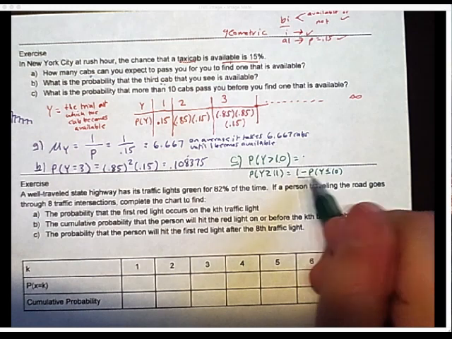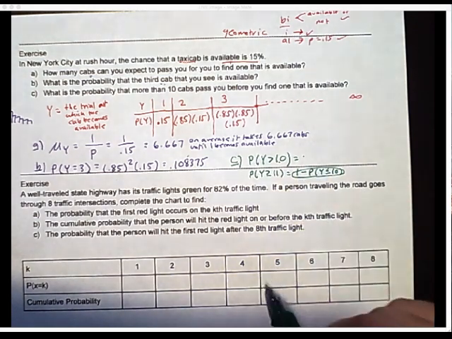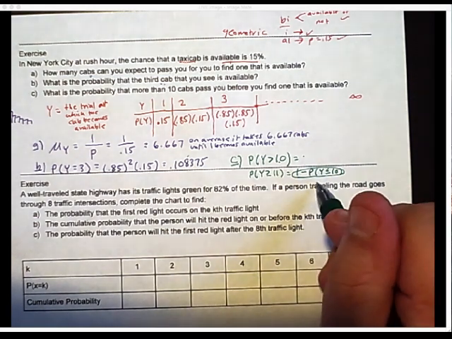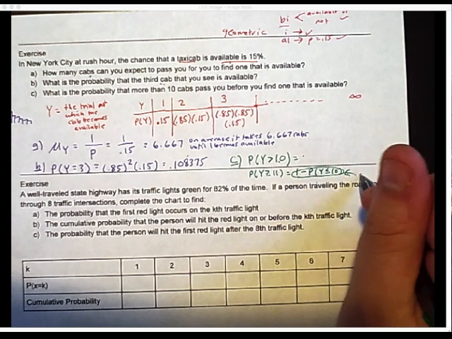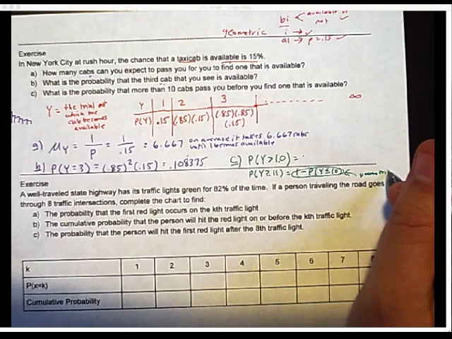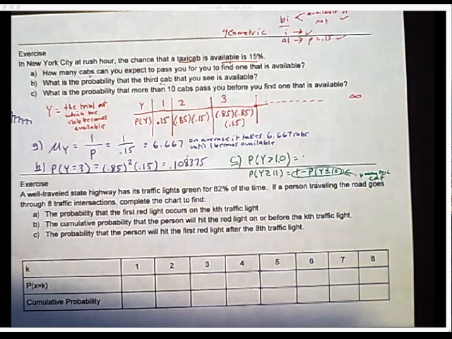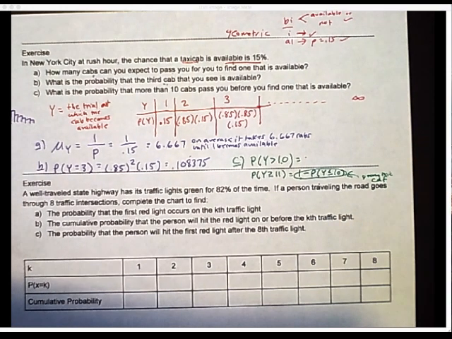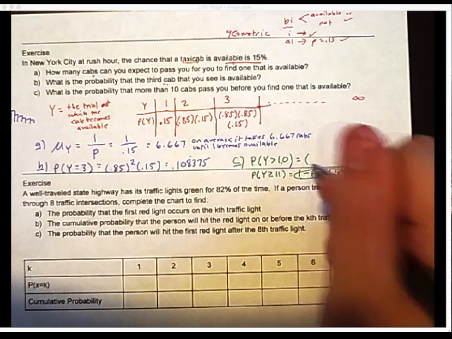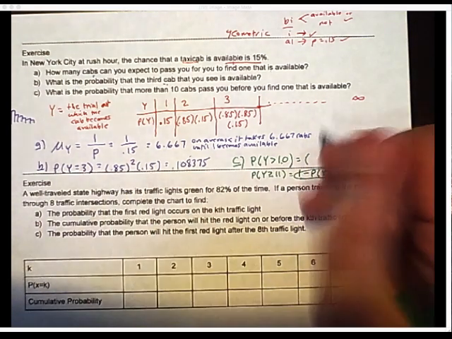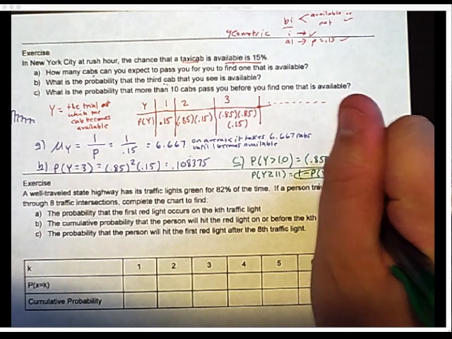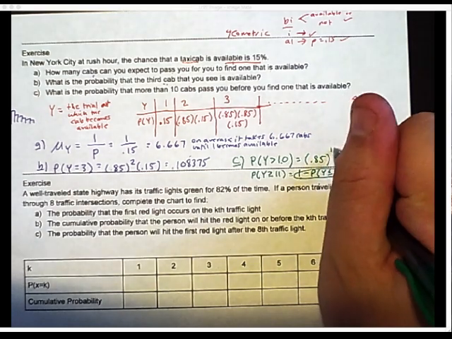So if you use this version, then you can use the second part of that. That would be the geometric CDF. But the formula is a shorter way to go. So what's the probability of failure? Well, the probability that a cab passes you is 85%. All you got to do now is raise that to the 10th.